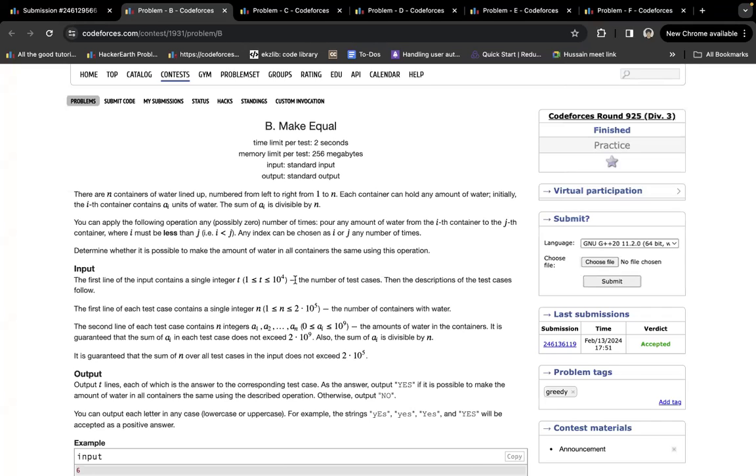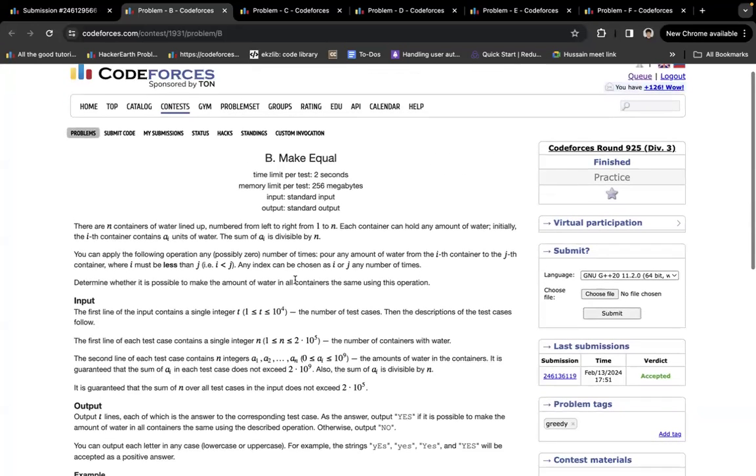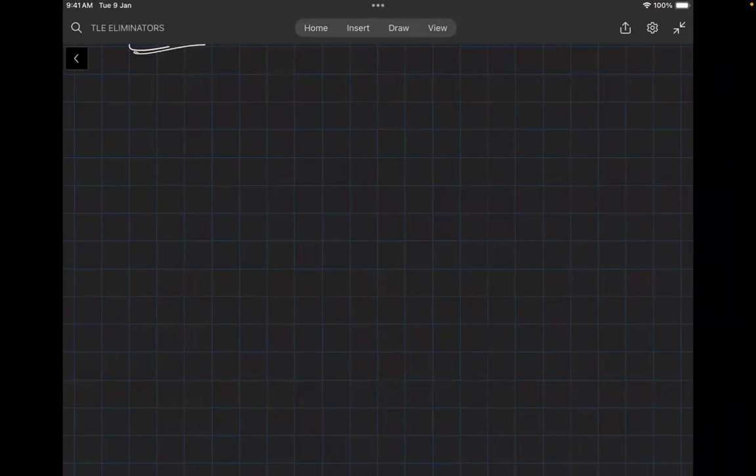Let's see what this problem asks. There are n containers of water lined up, numbered from left to right. So what does this problem statement say?